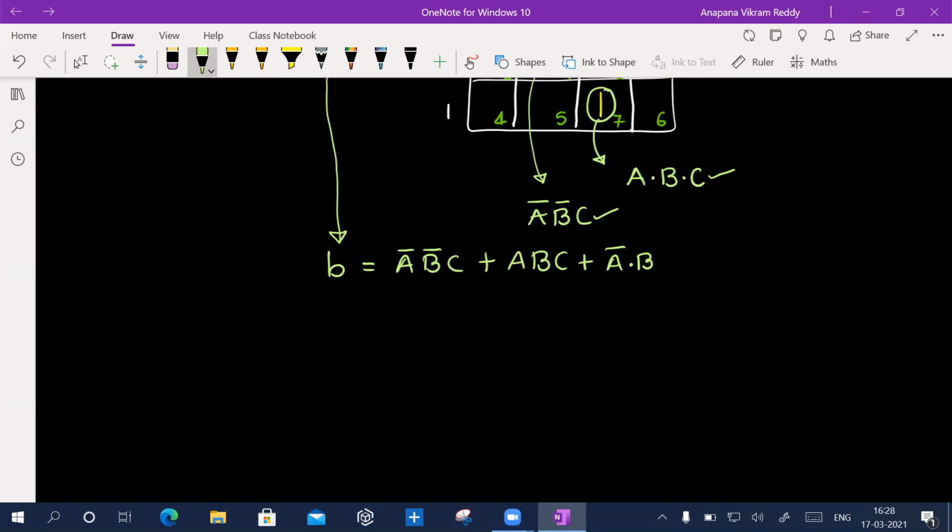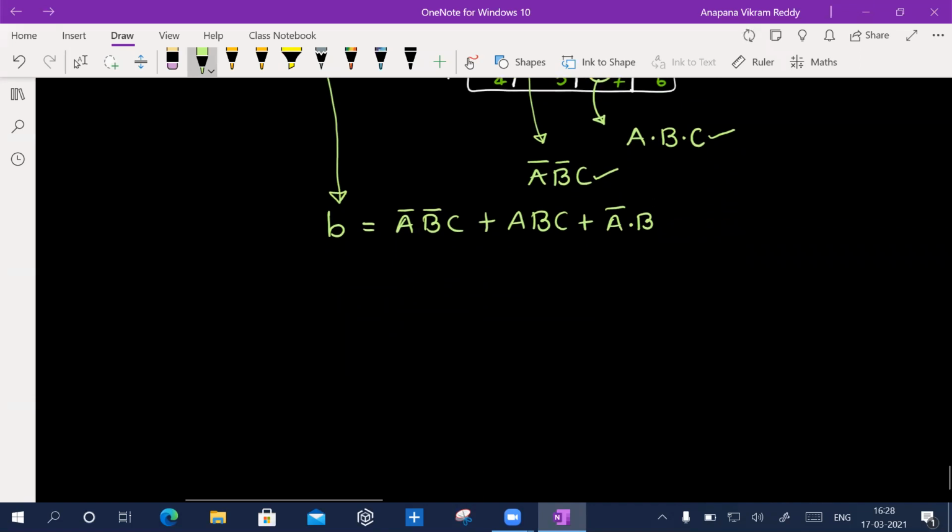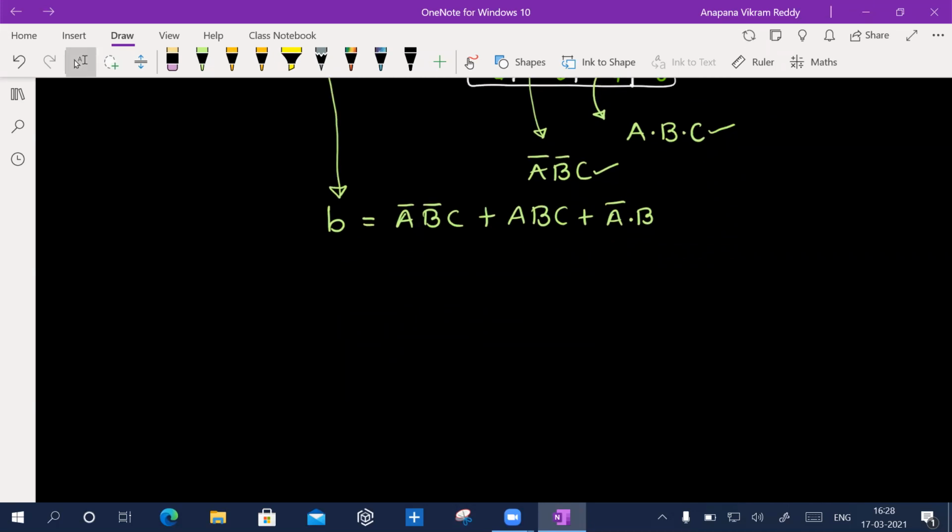So I can't do anything with the last term A complement and B. The last product term is just like that, but I can do some beauty modification with this. That means I can take C common.